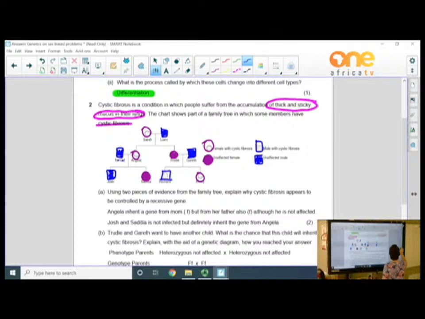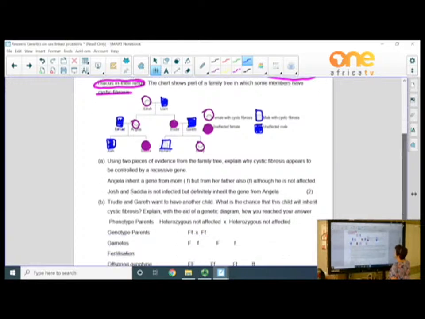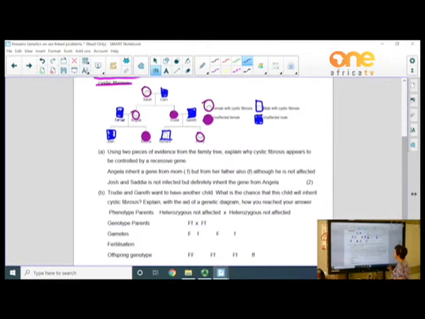So, use two pieces of evidence from the family tree explaining why cystic fibrosis appears to be a recessive gene. A recessive gene. So recessive means it is a gene that when the gene is paired with another recessive gene, we will see the disease, the phenotype of the person will be cystic fibrosis.